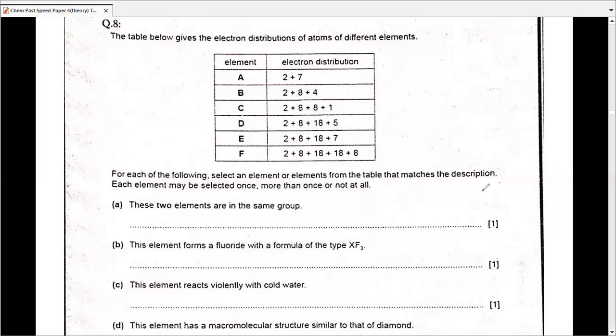Now, part C. This should be easy. This element reacts violently with cold water.